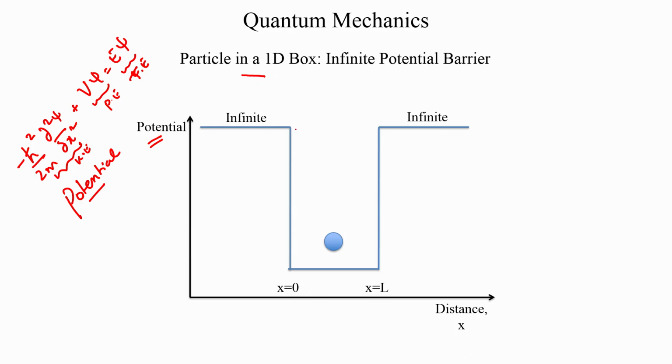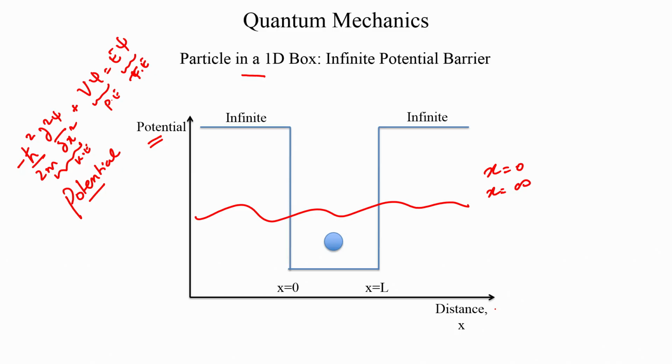So, in this case we now have a potential profile that looks as shown, and the particle or the wave function exists somewhere in this region from x equal to 0 to x equal to infinity.